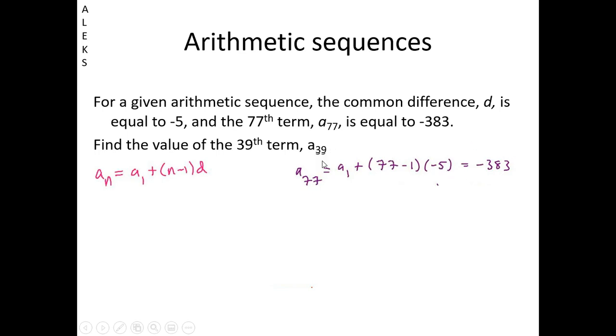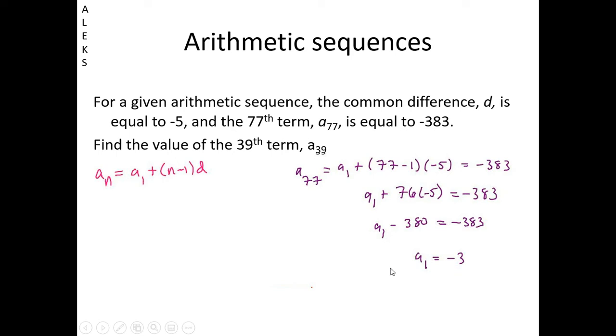Well, I know that a sub 77 is equal to negative 383. And I can solve for a sub 1, and it turns out to be equal to negative 3. So a sub 1 is equal to negative 3.